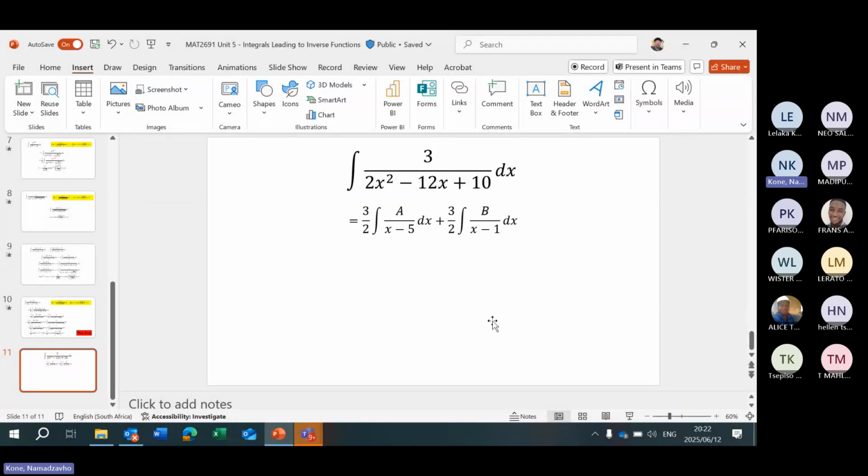I will plead with you. After we are done with this, the answer will look very different from the answer that we got in the initial question that we did. The lady that gave us this answer has done it this way. So I would like you to go and find derivatives of the final answers in both cases and see if you don't get the same integral that we had at the beginning, this one that we are having here.